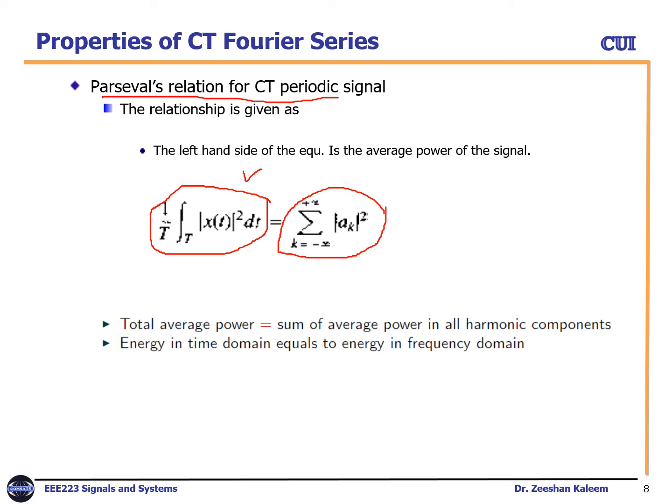You take each coefficient's amplitude, square it, and then sum these. In result, you get the average power. So the total average power is equal to the sum of the average power in all harmonic components, a_0, a_1, a_2, a_3, which are harmonics. So energy in the time domain equals energy in the frequency domain.